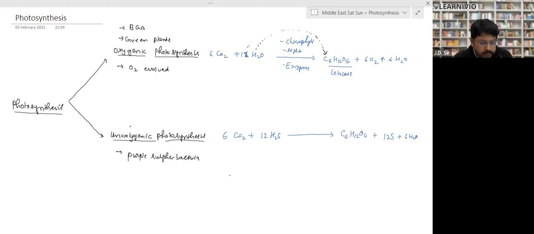The function of water in oxygenic photosynthesis is to provide hydrogen for the synthesis of organic compound.